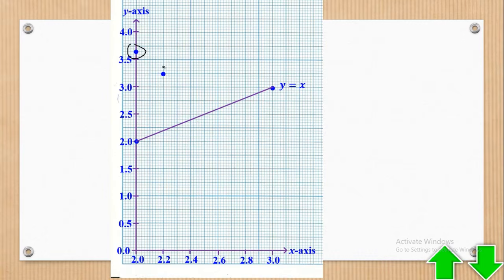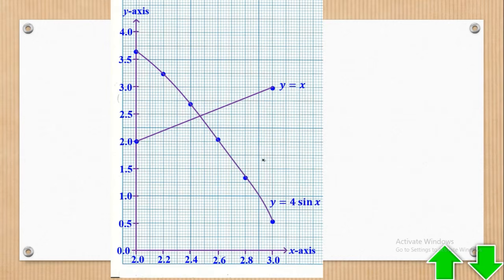When x is 2.2, y is that. 2.4, y is that. 2.6, y is that. 2.8, y is that. 3, y is that. So now this is not a straight line, so we have to use freehand to draw a smooth curve through all these points. So let's do that. Then we also have to label.